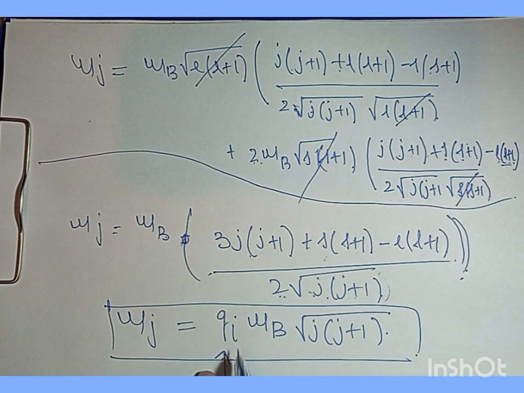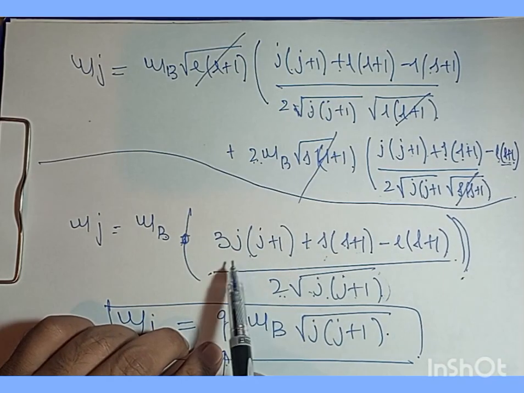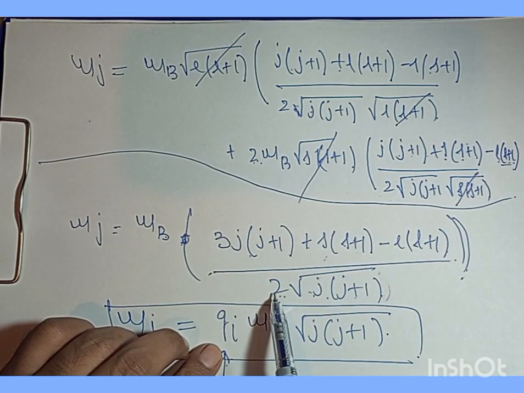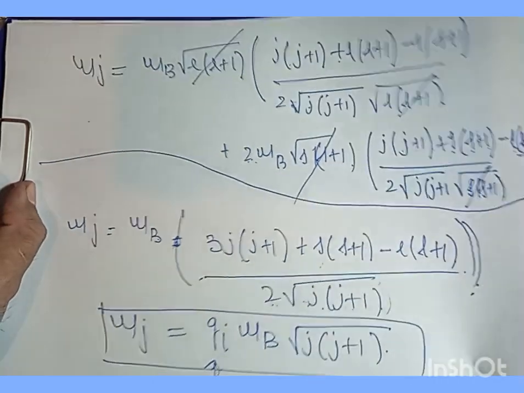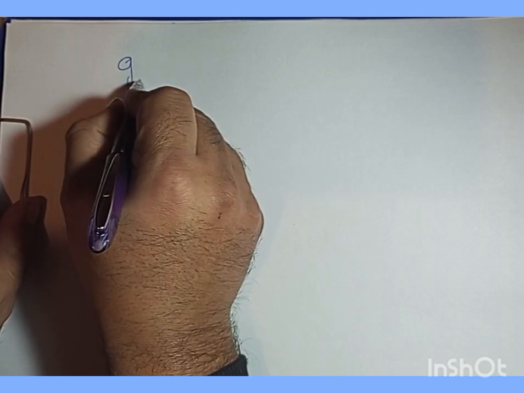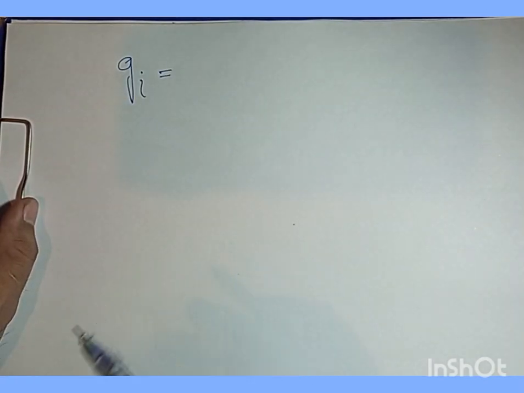So this gj is called the Lande splitting factor, and we can write down its expression now. What will be its expression from this point of view? It will be this whole thing divided by 2 times j times j plus 1. The root is gone because we have rationalized its denominator. So what will be the result for this Lande splitting factor, which is very important in understanding the splitting of spectral lines in case of the Zeeman effect?